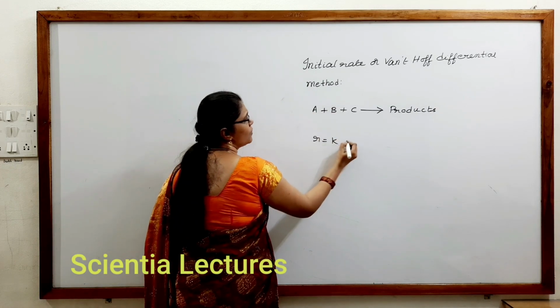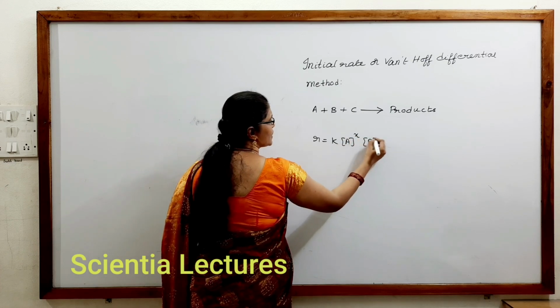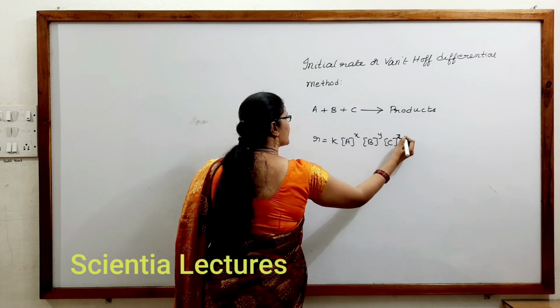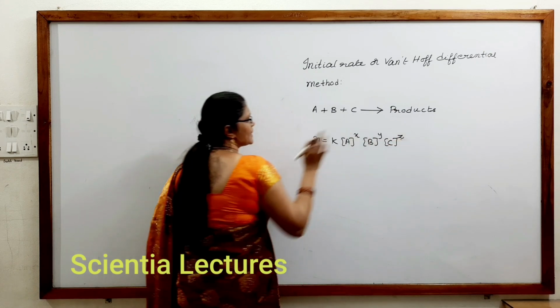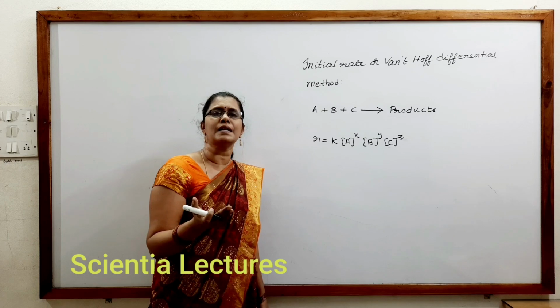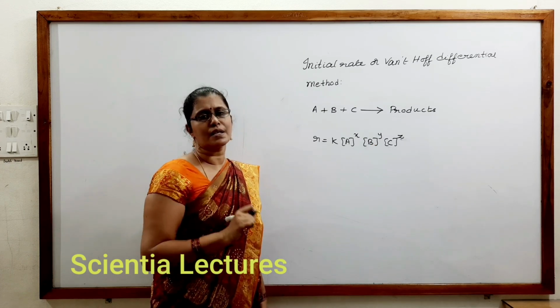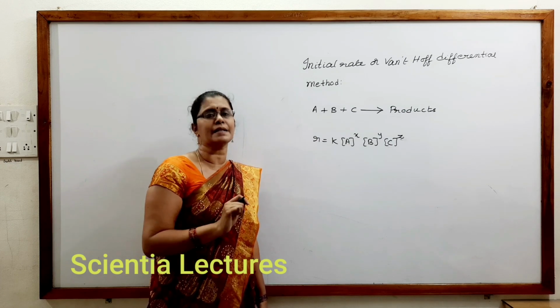Rate law is equal to K into concentration of A power X, concentration of B power Y, concentration of C power Z. Now remember here that taking B and C in excess, as we have said before, its change in concentration will not influence the rate of reaction.